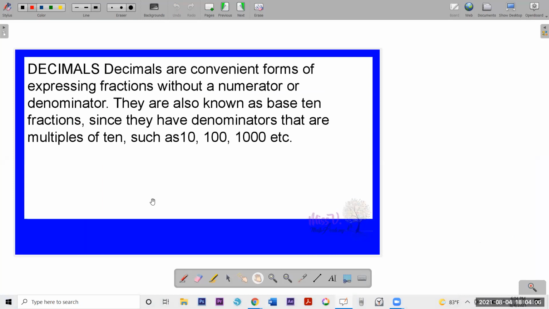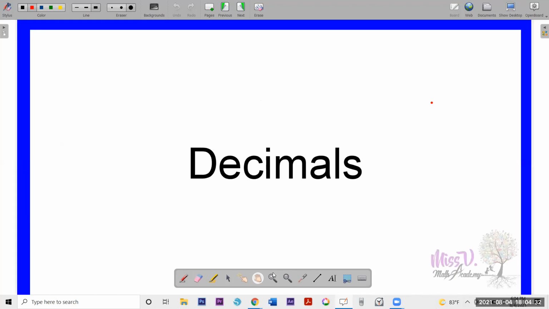Decimals are a convenient form of expressing fractions without a numerator or denominator. They are also known as base 10 fractions since they have denominators that are multiples of 10, such as 10, 100, 1,000. We're going to look at some specific examples. Everybody should have your topic heading, which is decimals.